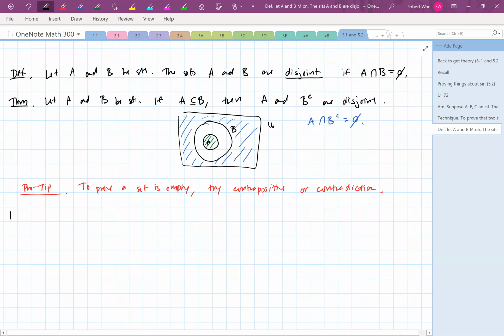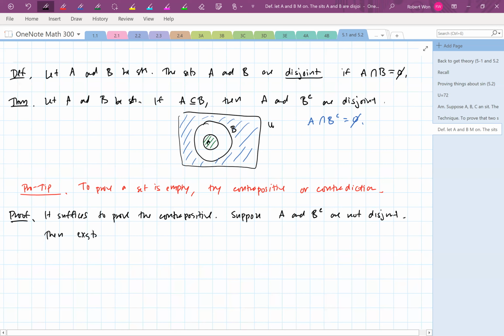So let's prove this. It suffices to prove the contrapositive because I'm trying to prove an if then. In order to prove if P then Q, you can prove if not Q then not P. So suppose A and B complement are not disjoint. Then there exists some element X that's in the intersection.